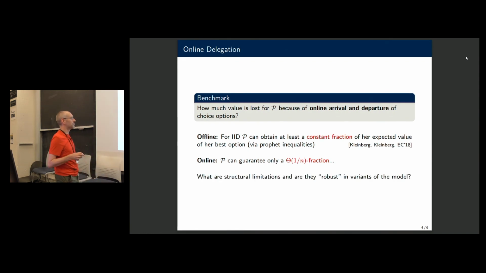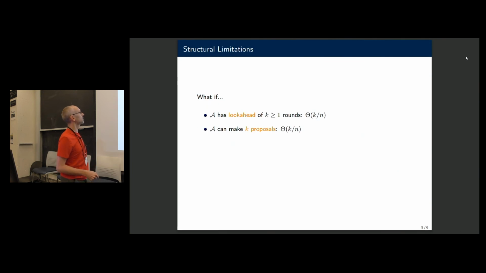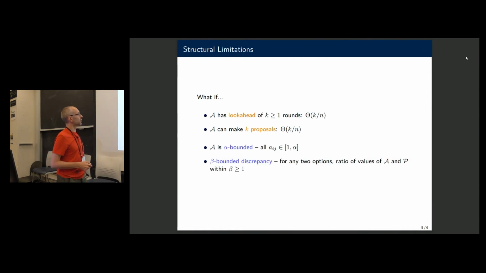The question is, how robust are these results to variants of the model? We looked at several variants. I'm not going to discuss them. Suppose the agent has lookahead. Suppose the agent can make multiple proposals. Suppose there are alpha-bounded utilities for the agent. Suppose the discrepancy between agent and principal is bounded for two different options.